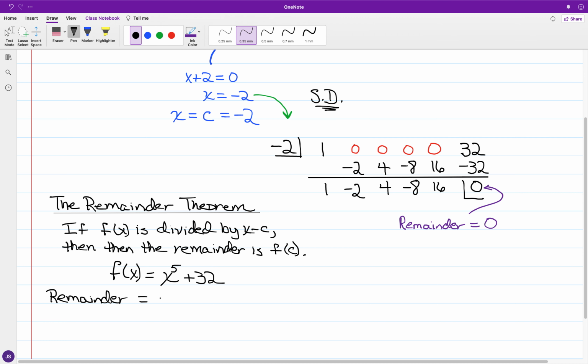Again, we have the remainder is equal to f of c, and with regard to that function, f of c again is going to be f of -2.